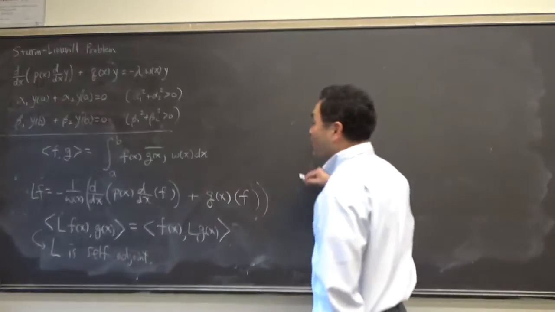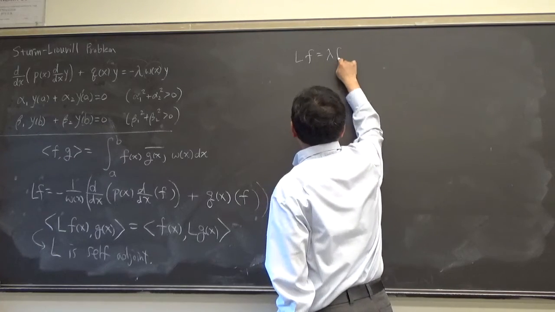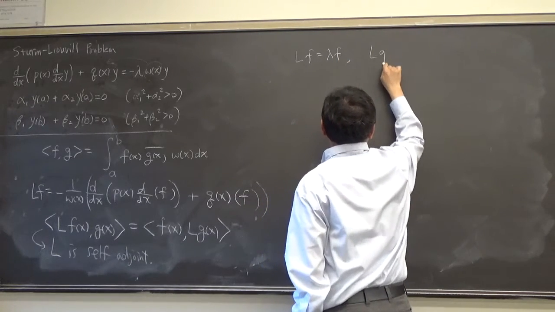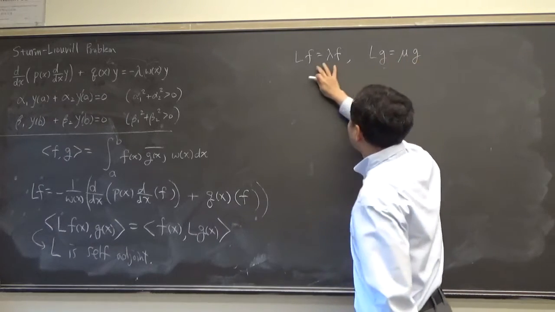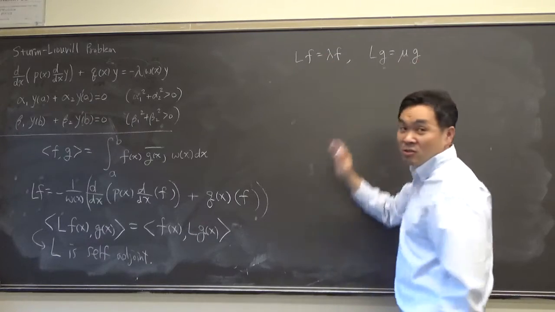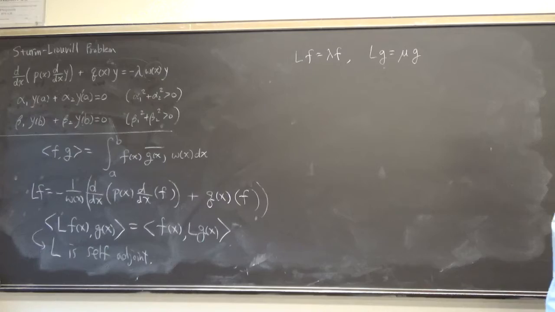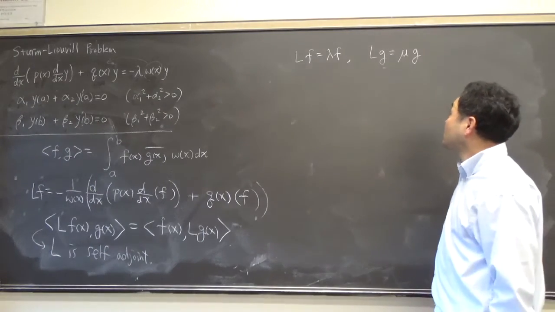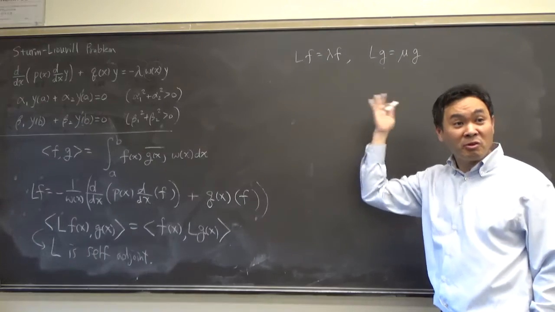So let's say L of f is lambda f, and L of g is mu g. So in other words, f is an eigenvector with eigenvalue lambda, and g is an eigenvector with eigenvalue mu. And we also know that since L is self-adjoint, lambda and mu are real values.